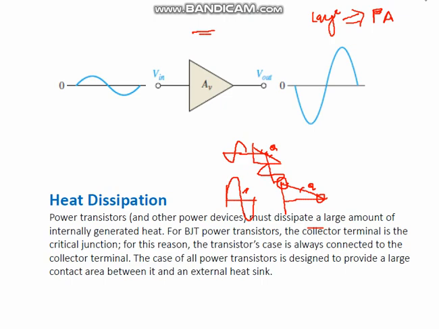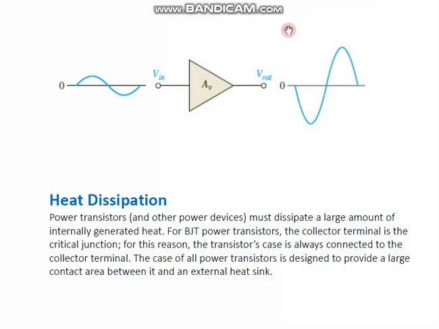Now if you see, this is an amplifier over here, right? Let's suppose the input signal is applied and we get an output signal over here. If you ask some questions regarding this amplifier, the first question is: is it a class A amplifier?